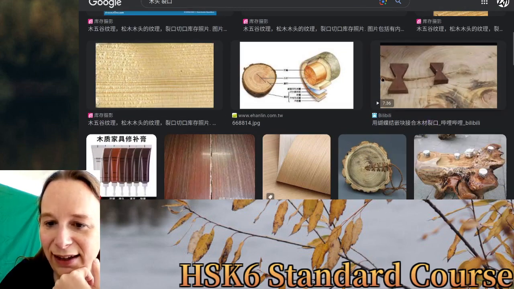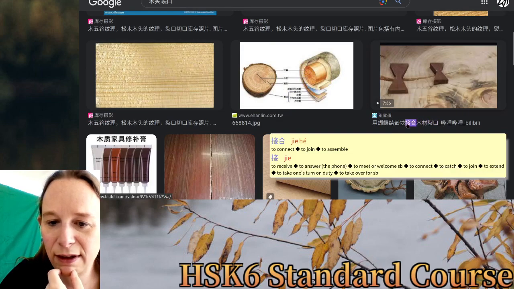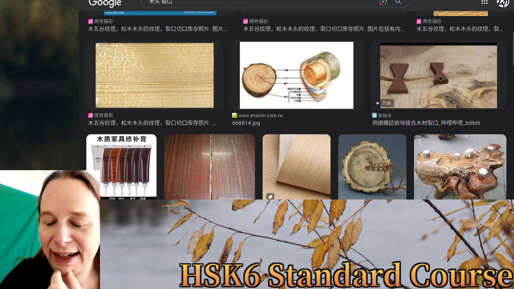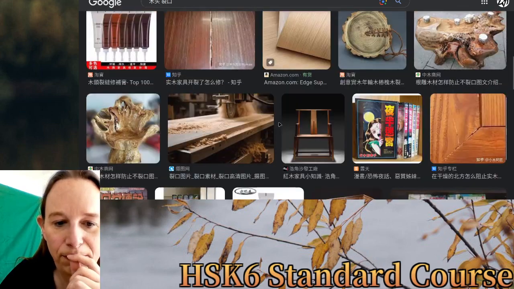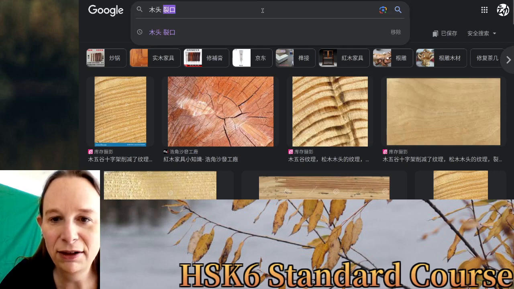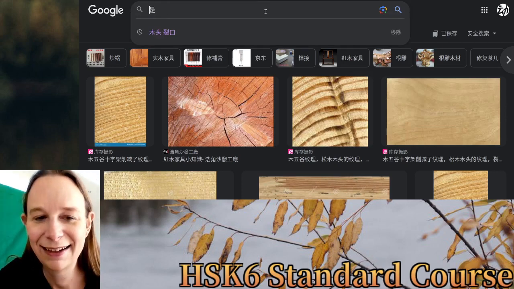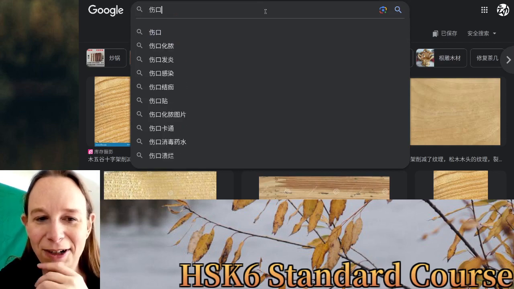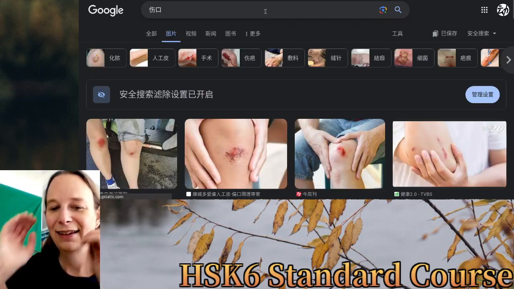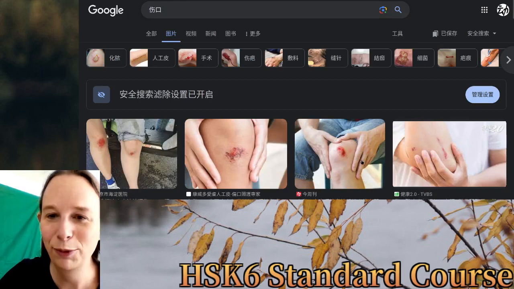Yeah, okay, so here they're repairing a 裂口, right? 木材裂口. So they're using this to connect it up so it doesn't split further. All right, and there's also 伤口, but that's very medical and maybe a bit gory. Oh, okay, that's not too bad. 伤口. Yeah, wound.